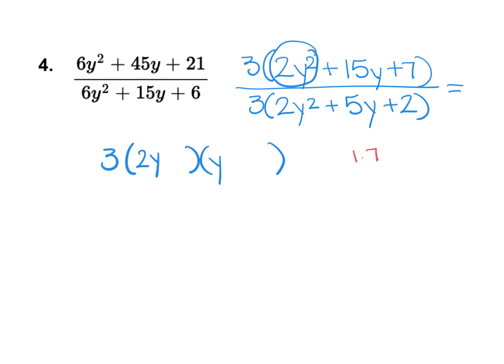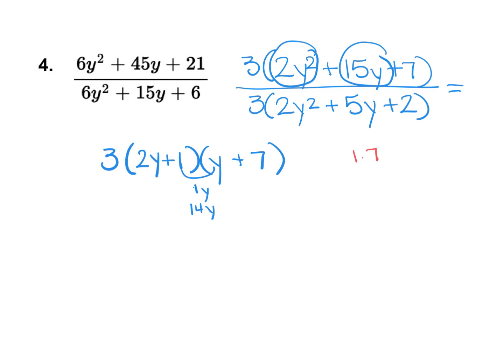If I were to put the 1 right here and the 7 right here, I'd have a 7y and the 2y. Well, that does not end up making 15. So I'm going to want to switch these around. So I would have the 7 and the 1. Now we have 1y and we have 14y. And when you add those together, that's going to make that 15y right here.